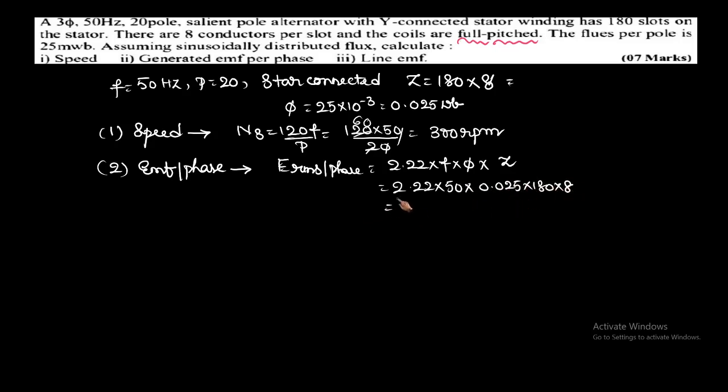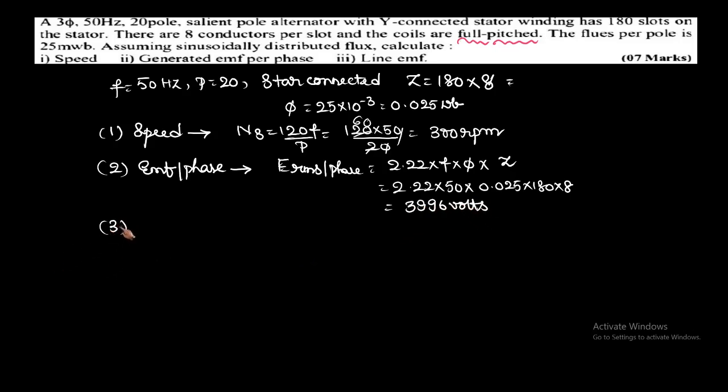That is the formula of induced EMF. If you multiply, the final answer is 3996 volts. That is the EMF induced per phase.